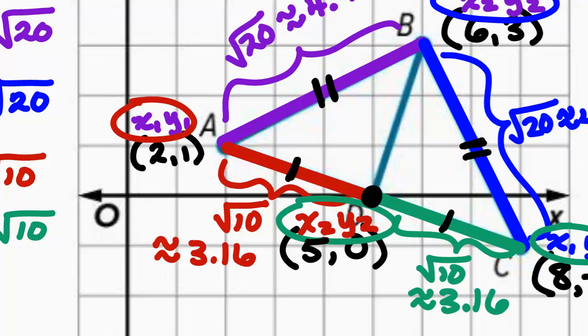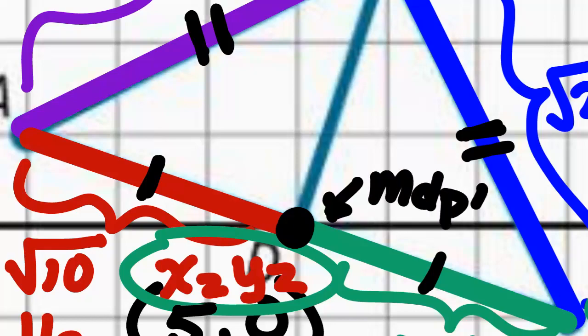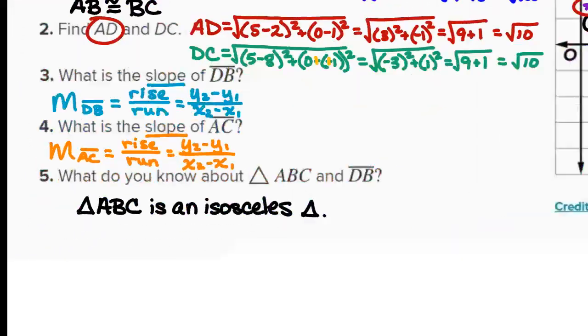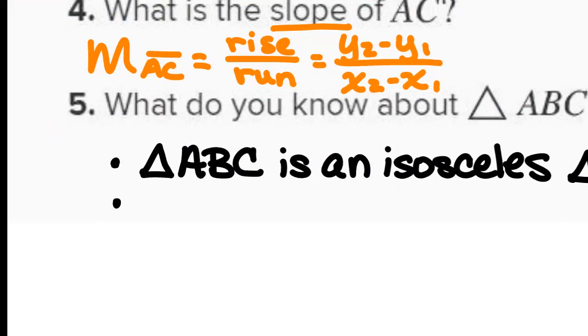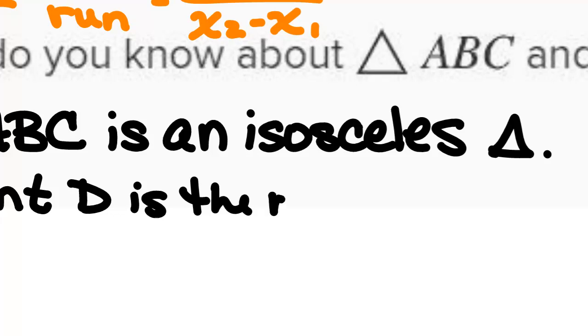So what would we call that? Midpoint. Point D is the midpoint. I'm going to write that down here. Point D is the midpoint of segment AC.